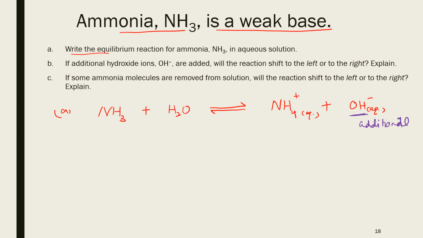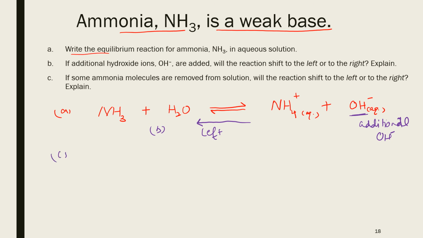Because we are creating a disturbance on the product side, according to Le Chatelier's principle, the reaction will shift to the opposite side, which means it will shift to the left side. So that's part B. Equilibrium will shift to the left.